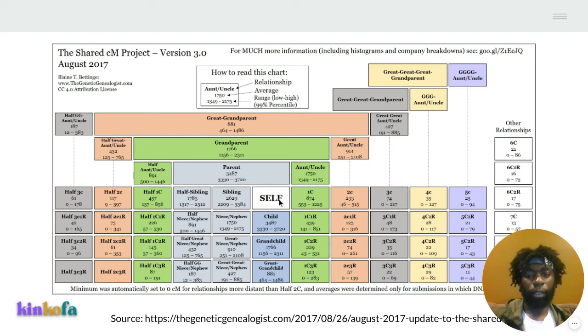So for example, with Tina, her half great-grandaunt is Miss Hall 4109. So we would look right up in here, and that relationship would fall within that range.